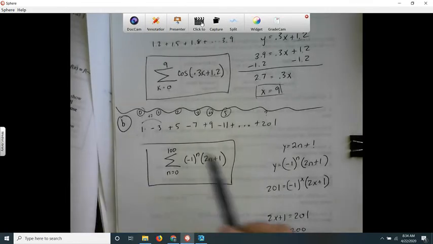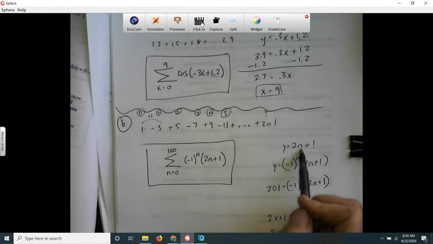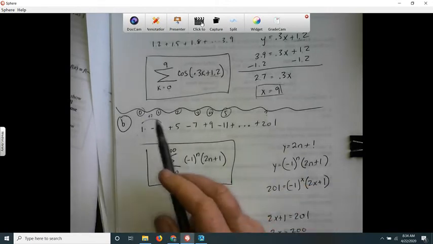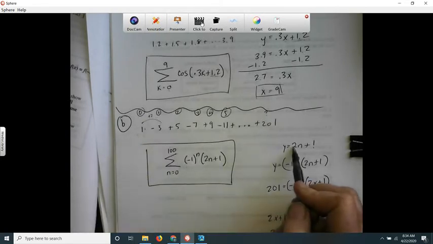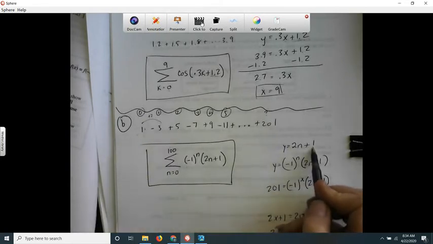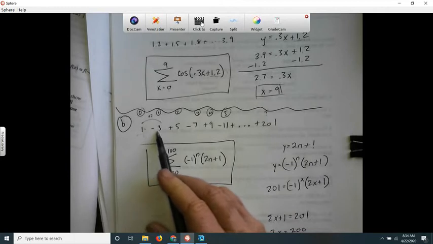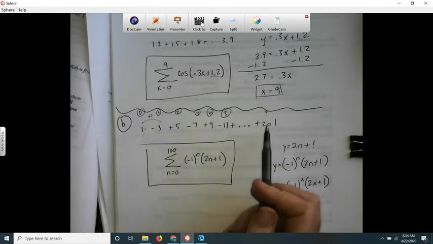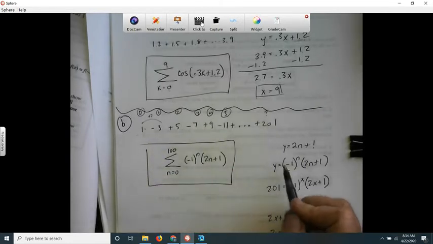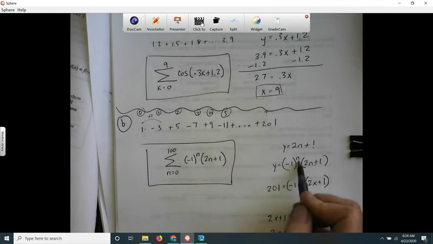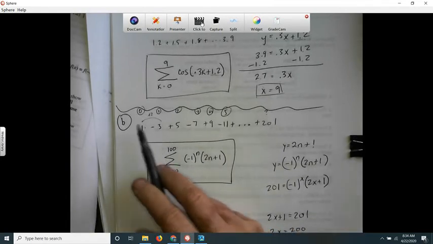And you can tell that you're doing it right because you plug in a 0 right here: 2 times 0 plus 1 gives me that. I plug in a 1: 2 times 1 is 2 plus 1 is 3, but that doesn't give me the negative that I need. So, interestingly enough, in order to introduce the negative, you can introduce a -1 to the nth power, and that'll get you your alternating signs.